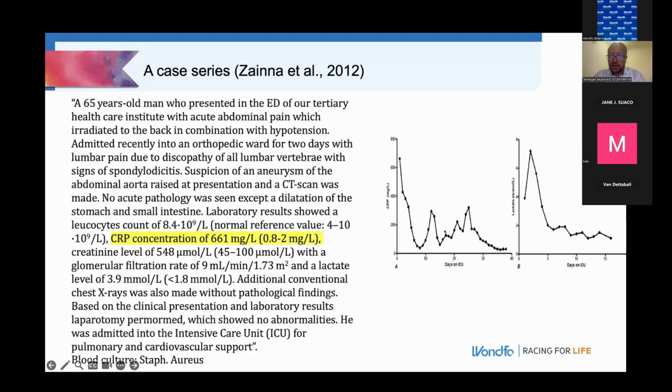Within that 1 week's time with the treatment, there is a significant drop in terms of both the lactate and the CRP. So the raises were quite sky high during the earlier hours and then subsequent drops. And this patient stayed in the ICU for 1 month and was discharged, but unfortunately was readmitted with additional bouts of sepsis, and the patient died.